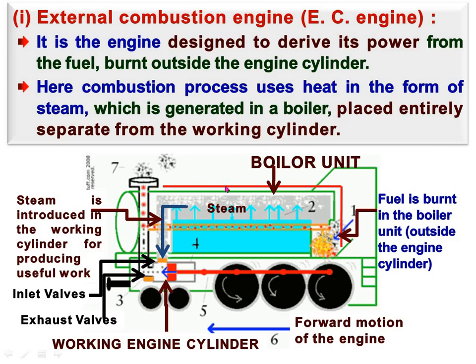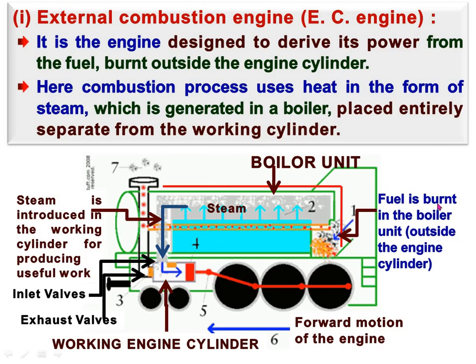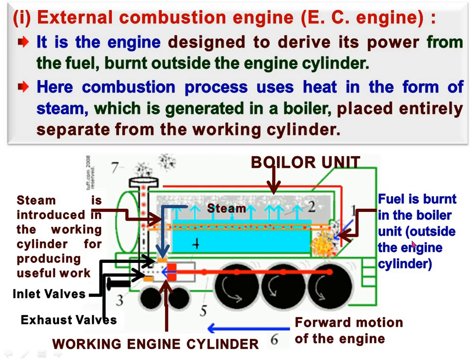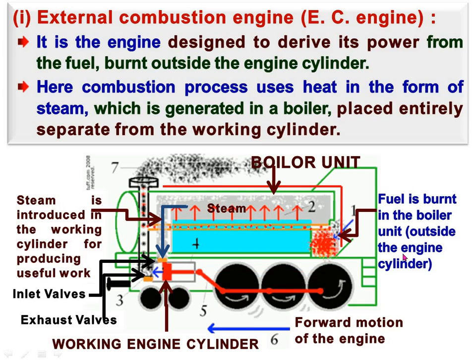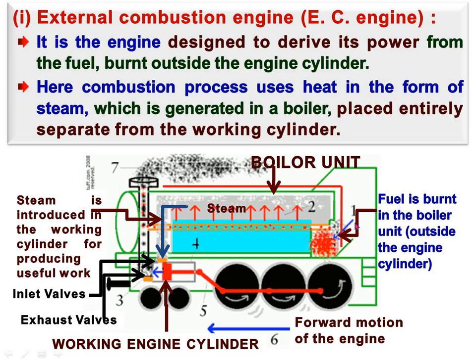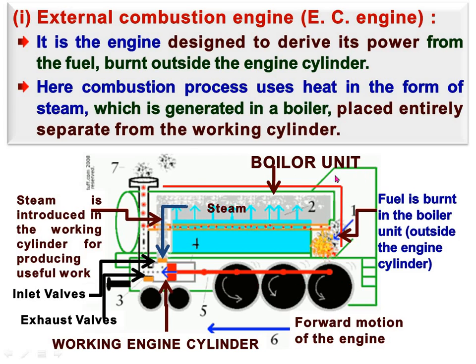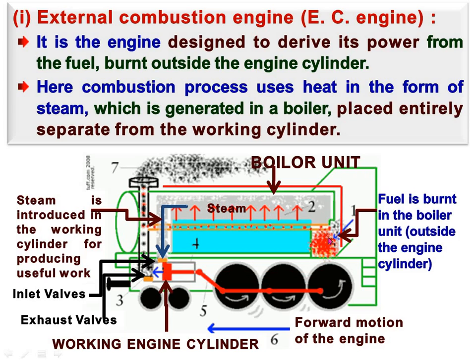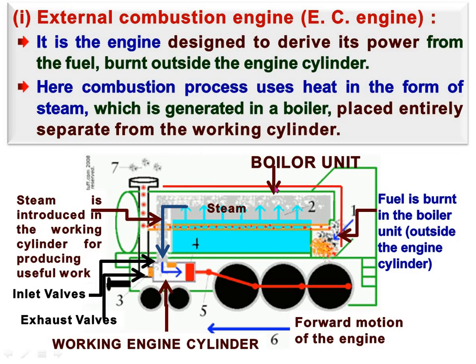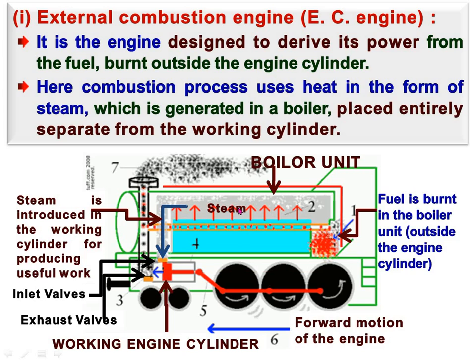Here, this is the boiler unit, where fuel is burnt outside the engine cylinder. We are burning coal as fuel in the boiler unit, producing steam, and this steam is utilized for producing useful work.